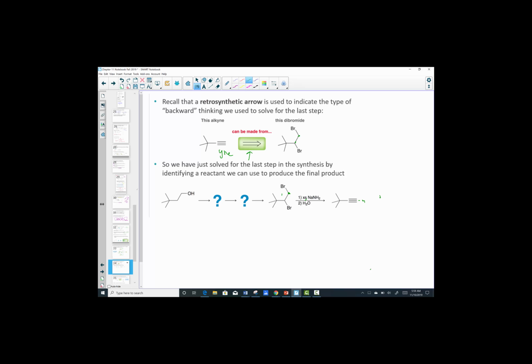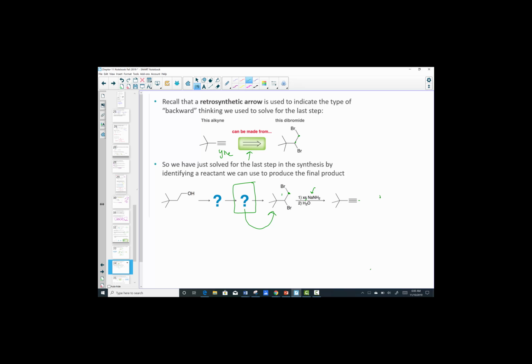Alrighty, so thinking backwards, the triple bond can be made from the dibromide, and the tools that do that are sodium amide, excess amounts to remove both HBrs, and the water to put the proton back on. So now what do we think of? I'm ready to start thinking about this step. What can I do to put 2 bromines across carbon 3 and 4?